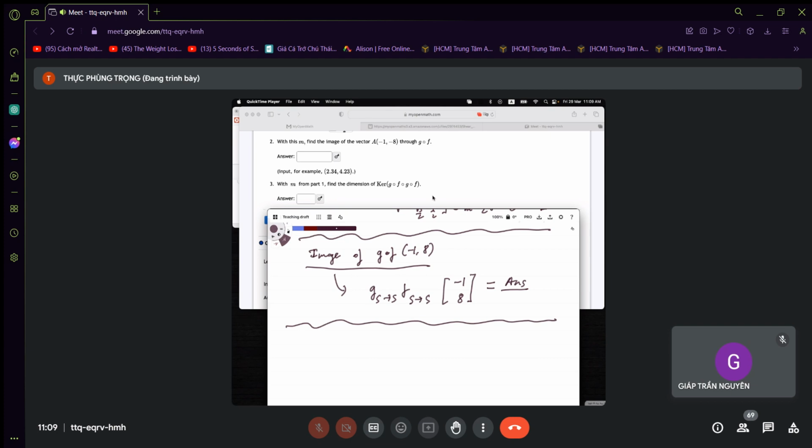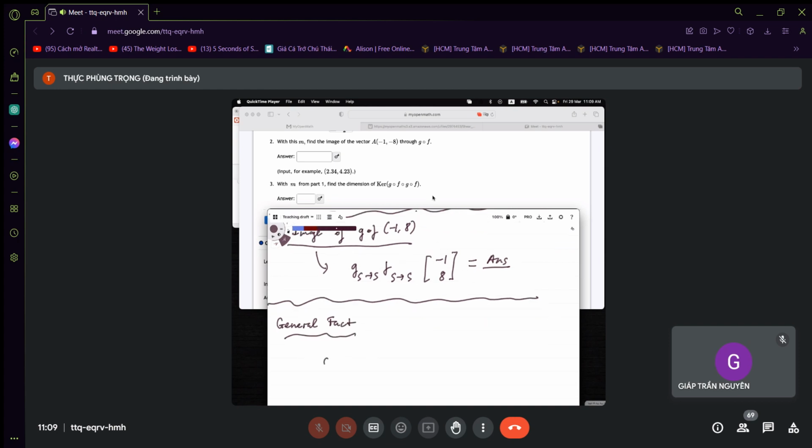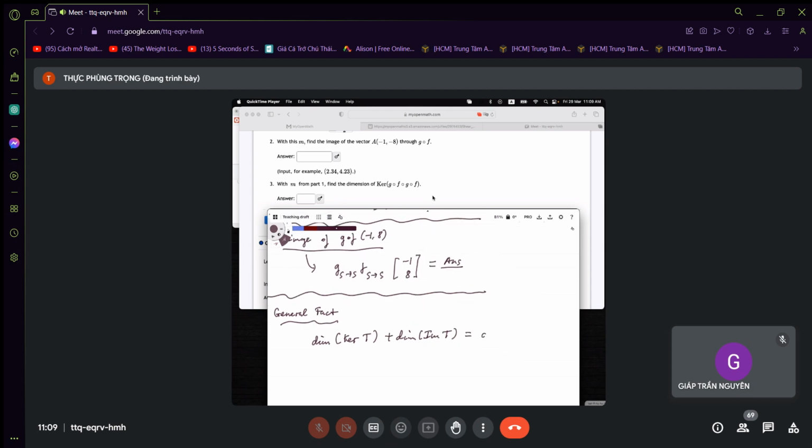The dimension of the kernel of T plus the dimension of the image of T is the dimension of the domain.